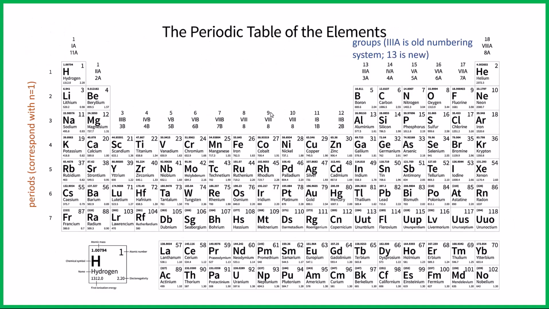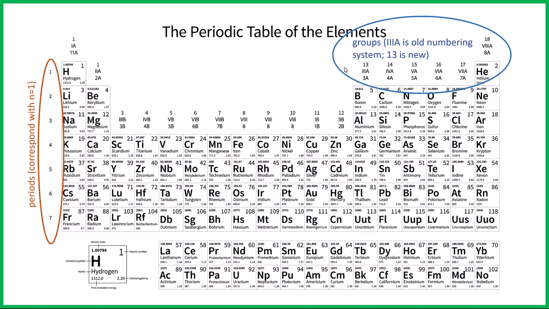So taking a look here at our periodic table, here are our periods 1 through 7, and those correspond with energy levels. Row 1 has 1 energy level, row 2 has 2 energy levels, and so on. And groups are numbered across the top, and there's 2 different systems of naming groups.